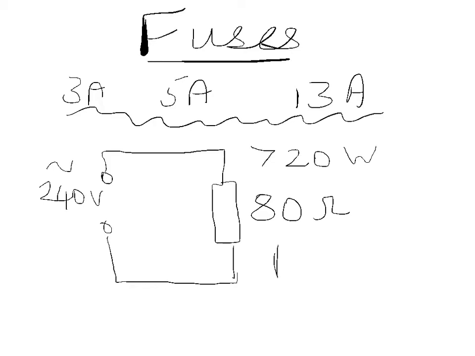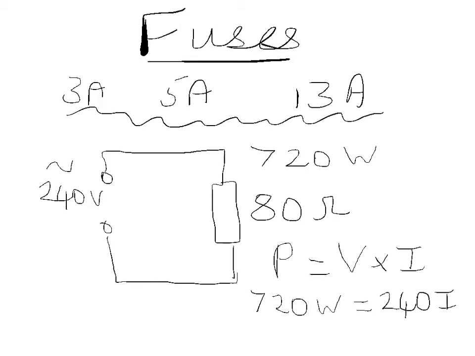Since power is equal to the potential difference across the device multiplied by the current in the device, we can see that 720 joules per second is equal to 240 times the current. And the only value of current that will satisfy that equation is 3 amps.